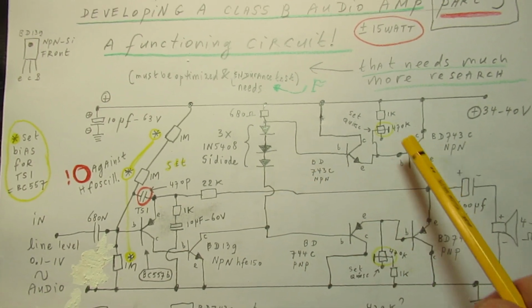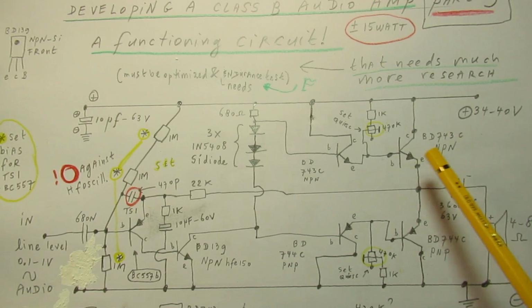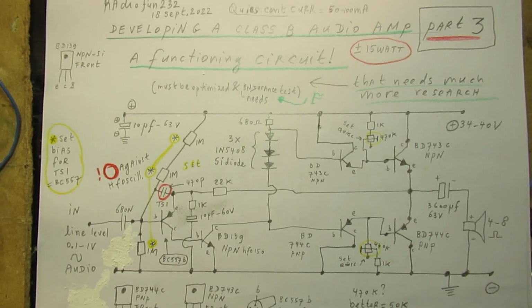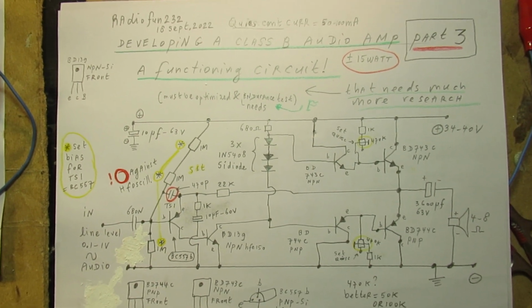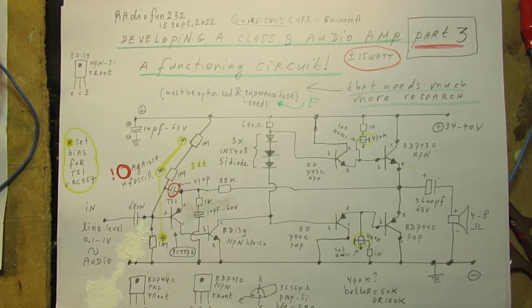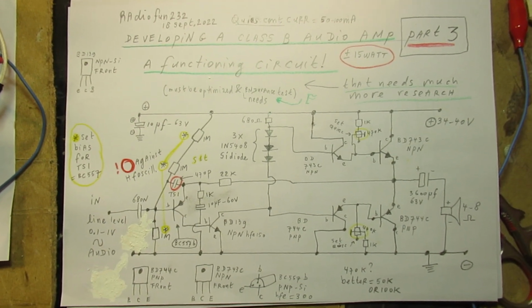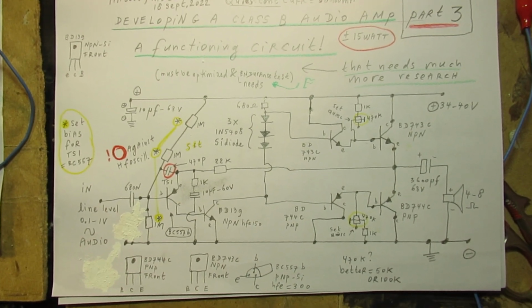It drives 2 Darlingtons, one say for the positive part of the sine wave and one for the negative part of the sine wave. And at the same time I realized that that is a very sloppy explanation of how such a circuit works, though it is okay.